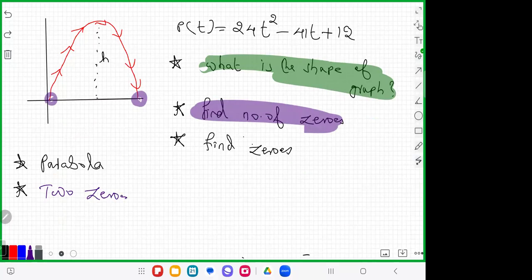And the third question is find the zeros. How can we find the zeros? We want to factorize and equate that polynomial with zero: 24t square minus 41t plus 12.